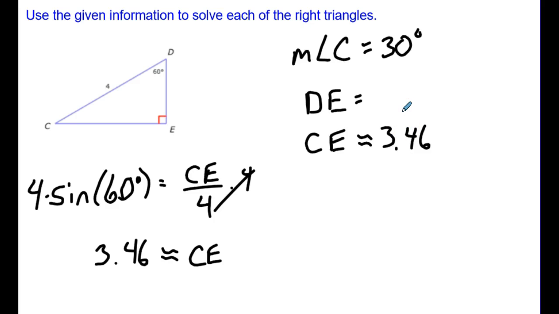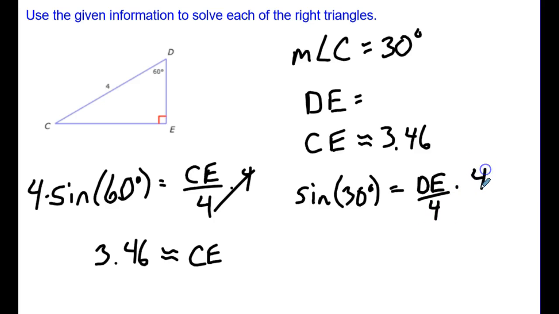So if I take the sine of 30 degrees, opposite over hypotenuse, that'll be DE over 4. Same setup as the last part, multiply 4 to both sides.